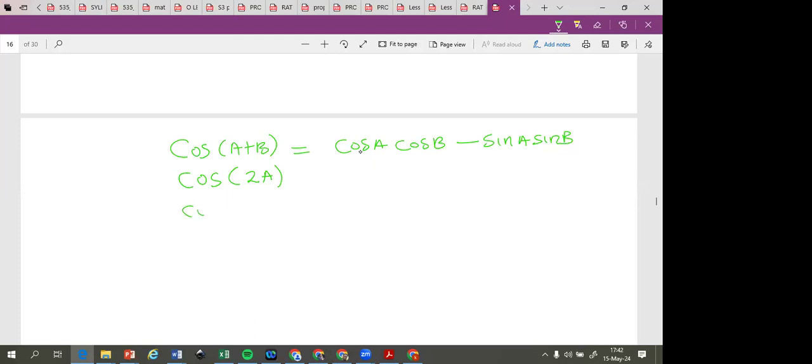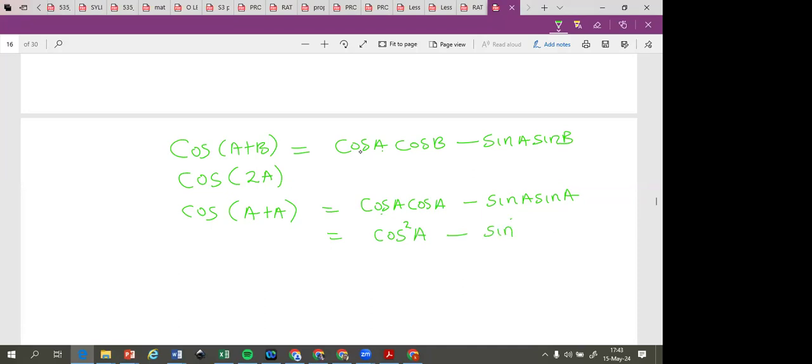To get cos 2A, you can have A plus A. Where A is A, your B is also A. So you get cos A cos A minus sine A sine A. Now cos times cos gives us cos squared A, minus sine times sine gives us sine squared A.